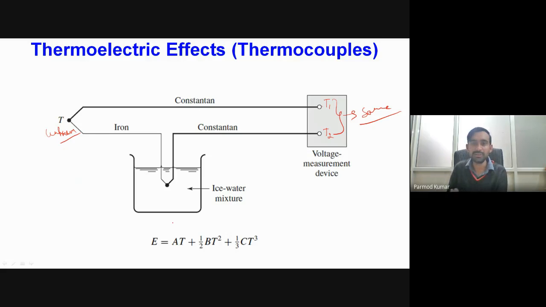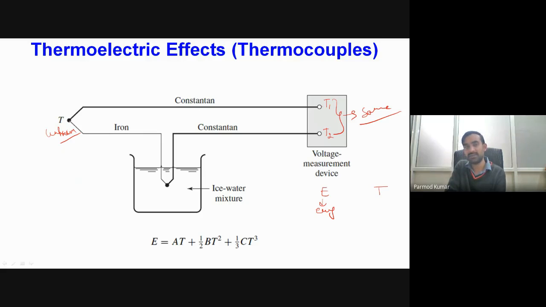So if the temperature at the terminal points where we do the measurement is the same, then a single reference junction will serve the purpose. While measuring using a thermocouple, the output we get is the EMF, and the input is the temperature field to which we subject our sensing junction.